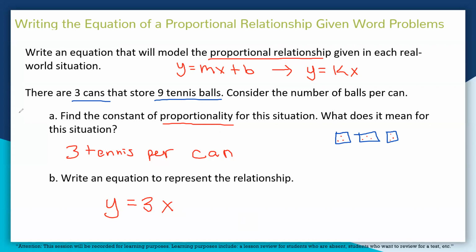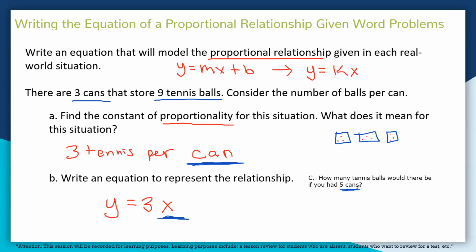So let's go ahead and quickly add part C to this problem here. All right, so I just added part C over to the right. How many tennis balls would there end up being if you had 5 cans? Well, we just talked about the fact that if it's tennis balls per can, X represents the number of cans.